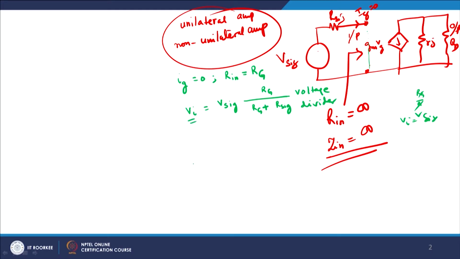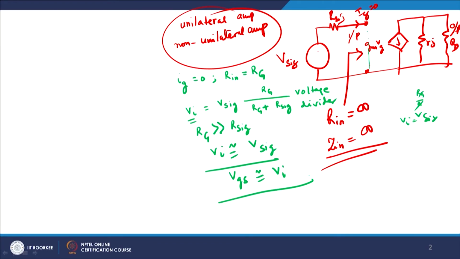But since Rg, as I was discussing with you, is much larger as compared to R sig, I will automatically get that Vi is approximately equal to V sig, and therefore we can safely write Vgs is approximately equal to Vi. So whatever you give as Vi will be equal to Vgs.